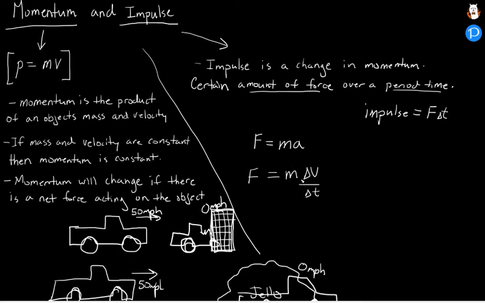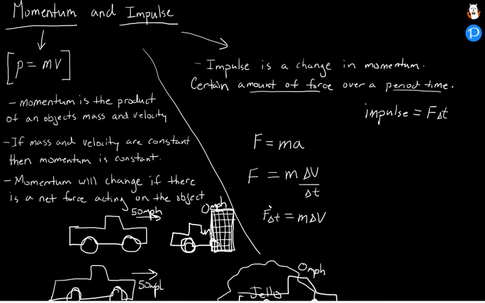Now I'm going to multiply each side by the change in time, because I want to get mass and velocity by itself, and I want to put force and change in time together, because, hint, hint, impulse is force times the change in time. So it's going to be force times the change in time is equal to mass times the change in velocity. And hey, look at this: mass times velocity, force times the amount of time.